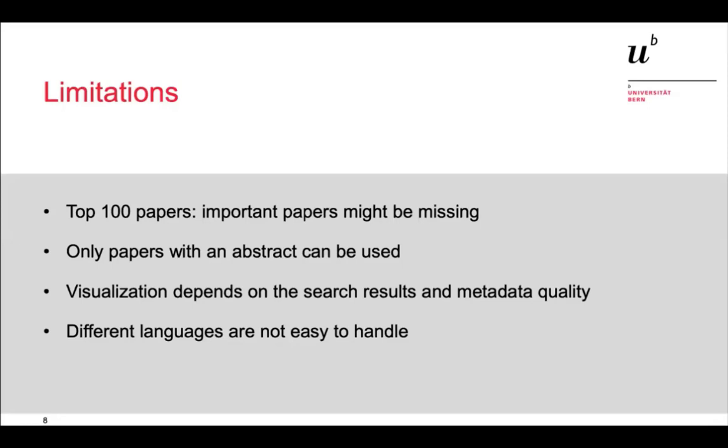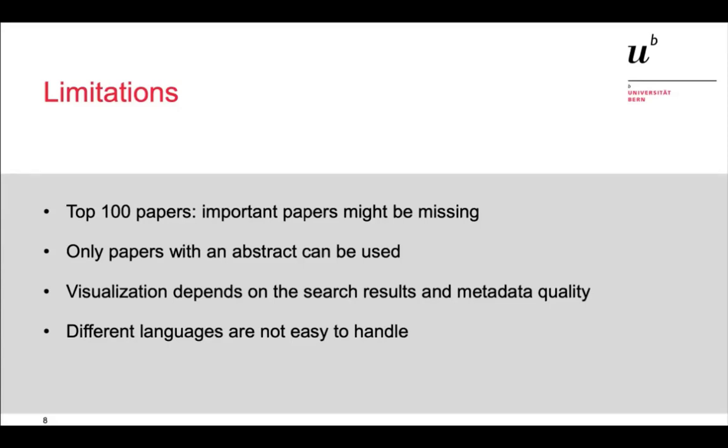And of course, besides the advantages, there are also a few limitations. But as I told you, Open Knowledge Maps is still a beta version, and further development and improvement is on the agenda. At the moment, the top 100 papers from the selected database are used to create the map. And this is already 10 times more than you usually get on a standard search results page.